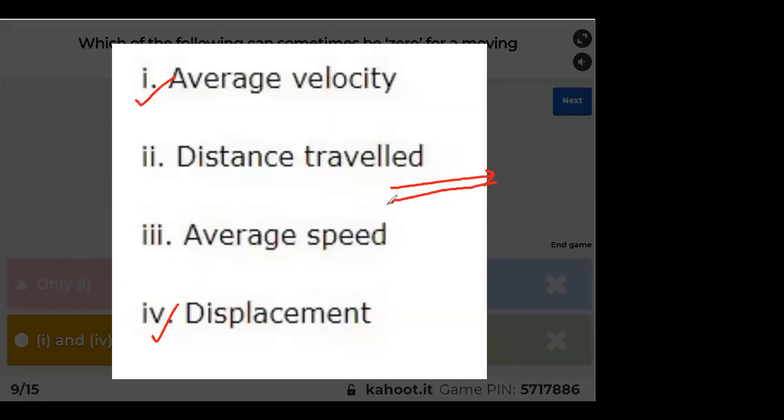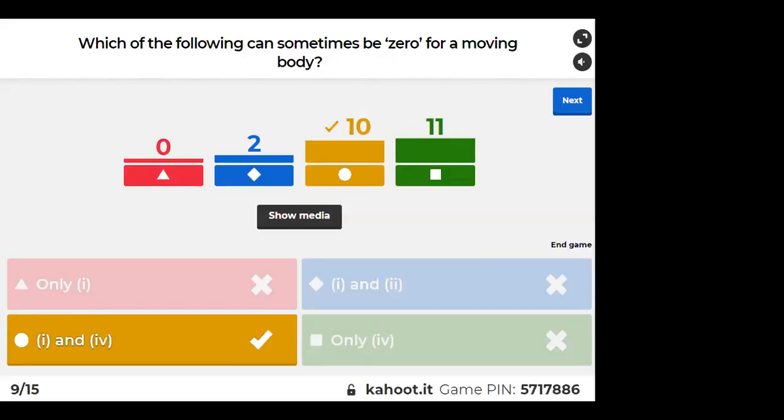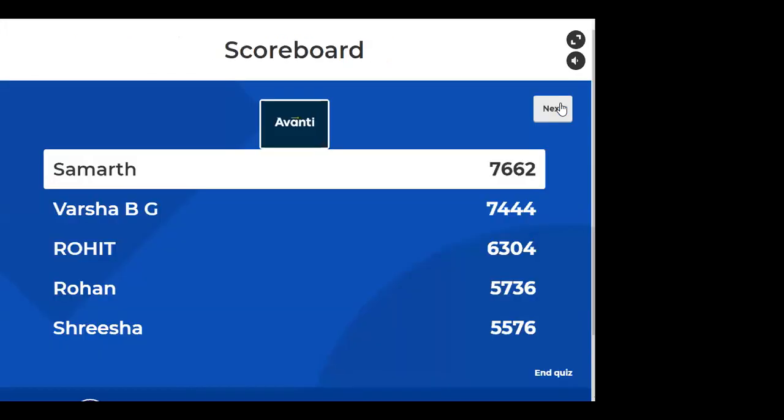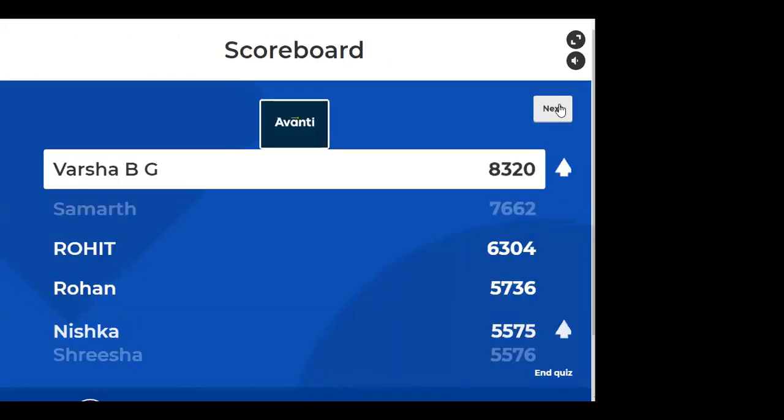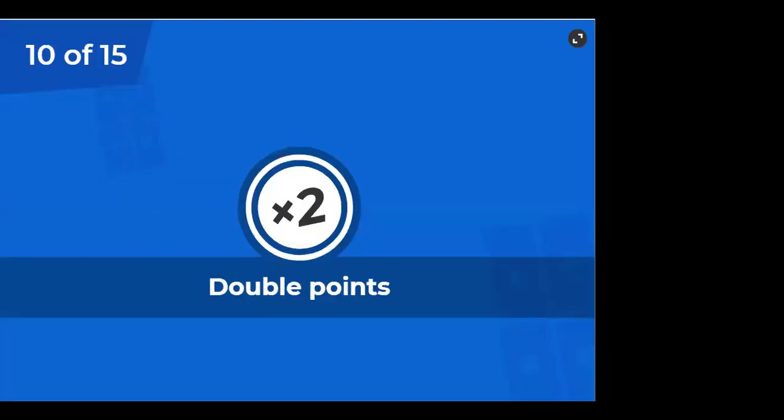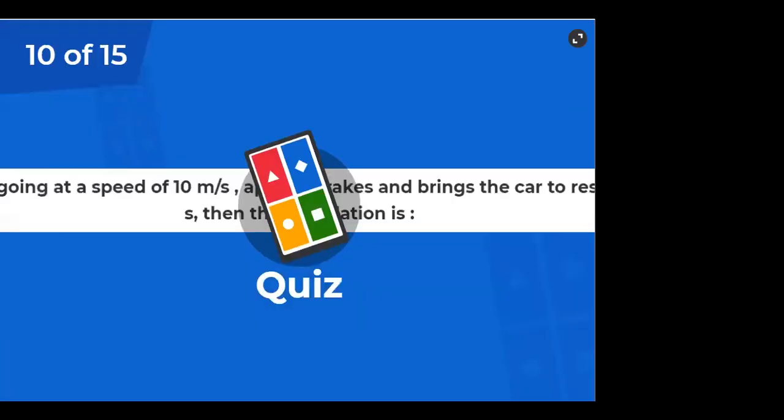Even though it is moving, at this point displacement would be zero. The same goes for velocity. Distance and average speed are both scalar quantities. They cannot be negative, yes or no? If the object is moving, they cannot be negative. Okay, clear, right? Next, this is of double points.